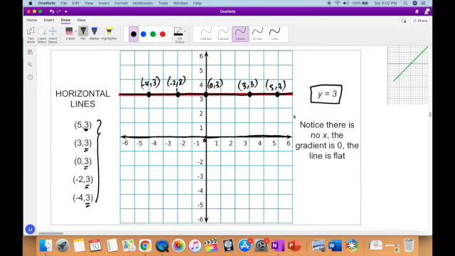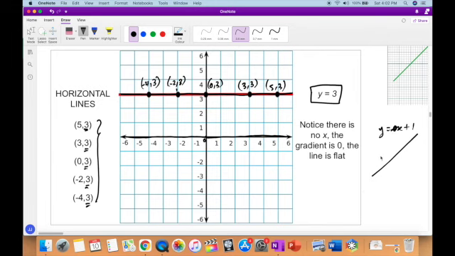Right? Now notice there is no x in here. Remember how when x is positive, the gradient is sloping one way, and when x is negative, the gradient is sloping the other way. When you have y is equal to x plus 1, that is because I have a positive 1 over here, so you get a gradient of positive 1.